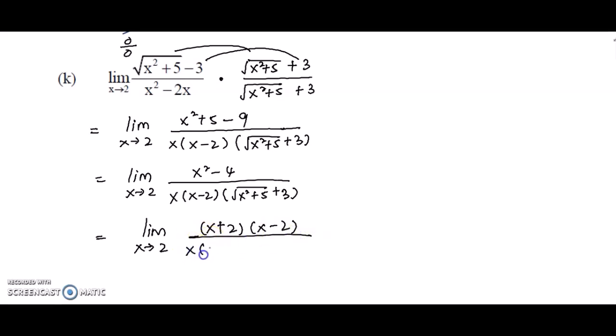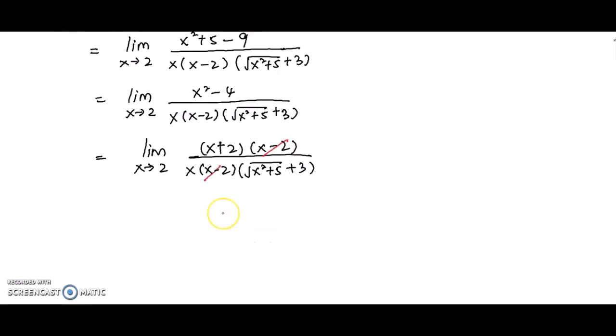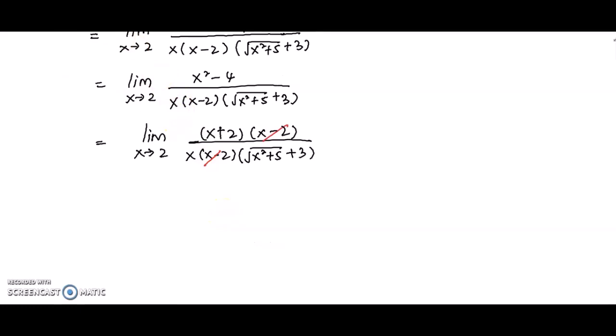Okay, then we can see that x minus 2 can be cancelled off. All right, cancel off the x minus 2. You have your function where it allows you to substitute. Substitute the value of 2 inside, you suppose will get the answer.